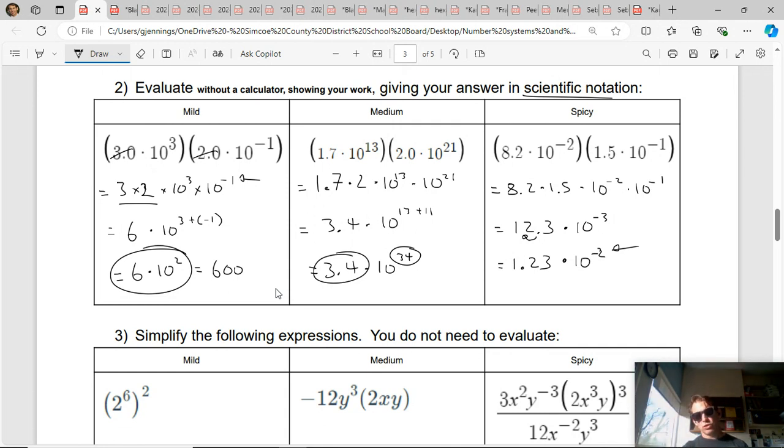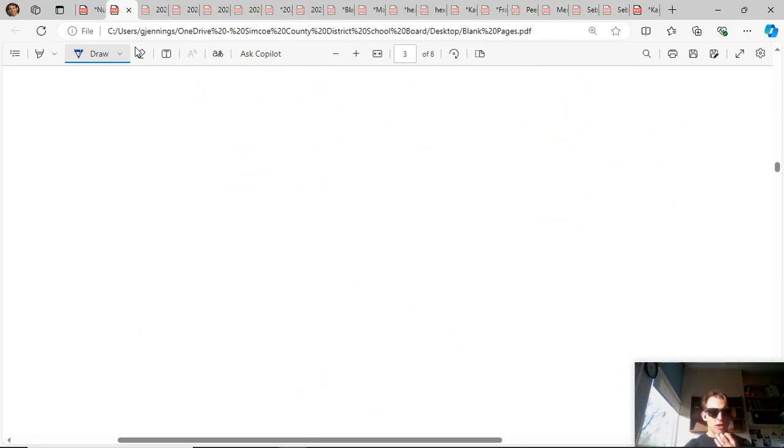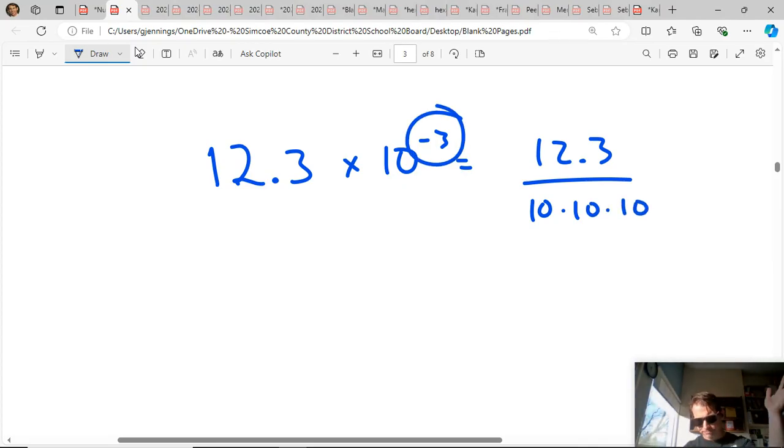Okay, and to show you that it's true, sometimes I really just want to show you. 12.3 times 10 to the minus 3 is the same thing as saying 12.3 divided by 10 times 10 times 10. Divide by 3 copies of 10.